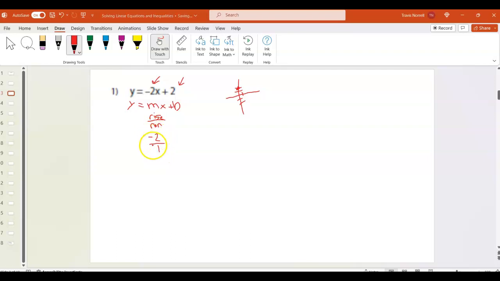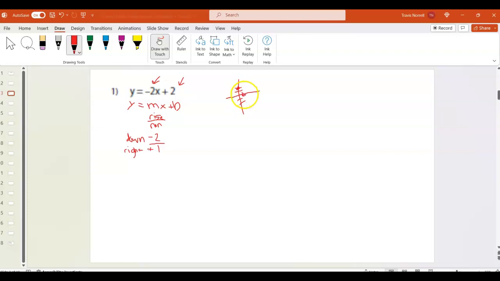So we have rise over run, down 2 to the right 1, because only our top value here is negative. The negative means we're going to go down, and the positive means we're going to go right. So I'll come down 2 and to the right 1.